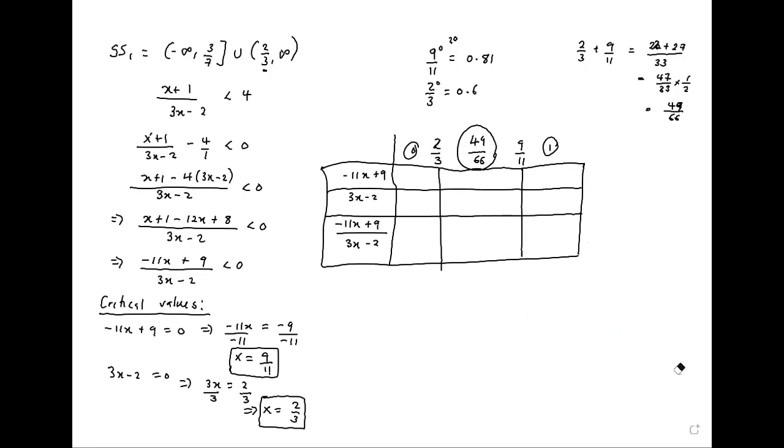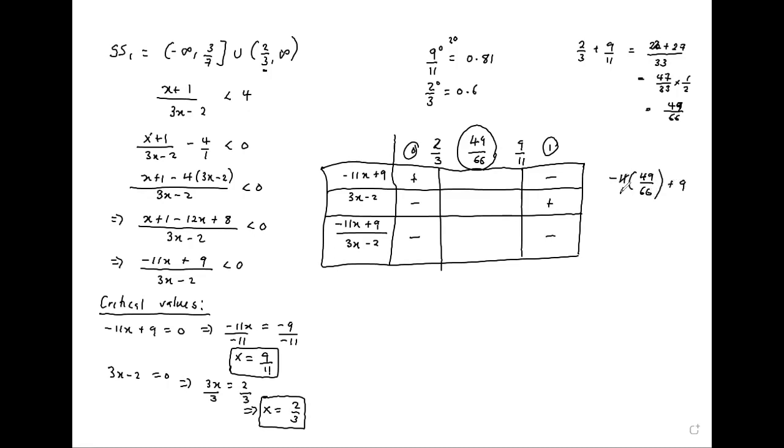Then we test 0 here, which will give us positive over minus, so we have a minus here. 1 will give us a minus over a positive, so we have a minus here. Meaning that the other region must give us a positive. So let's test -11 multiplied by 49/66 plus 9.